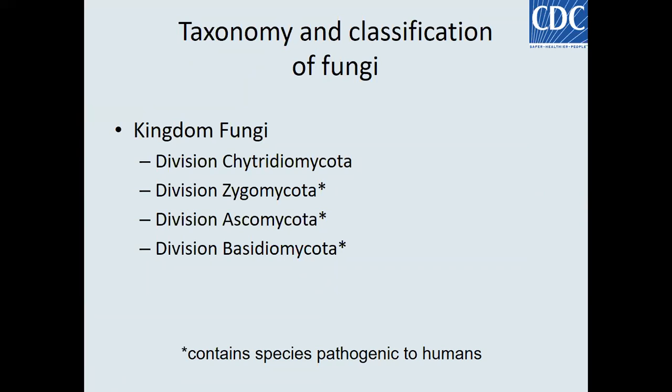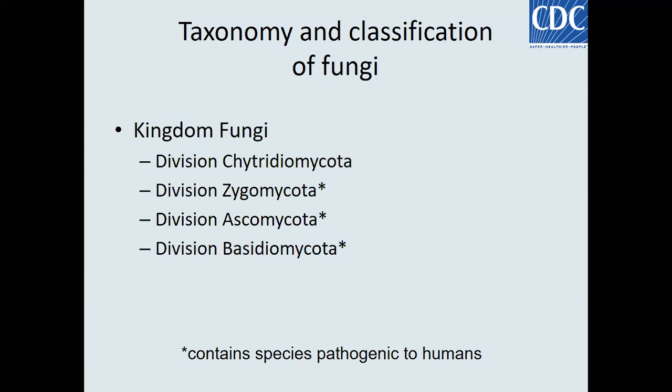In the past, before DNA sequencing, they were classified according to their sexual reproduction structures. Well, that's a bit of a problem because we haven't found all the sexual reproduction structures for fungi. As I mentioned in the lab, we often don't see those. So it's hard for us to classify according to that when we can't even see all of the structures.